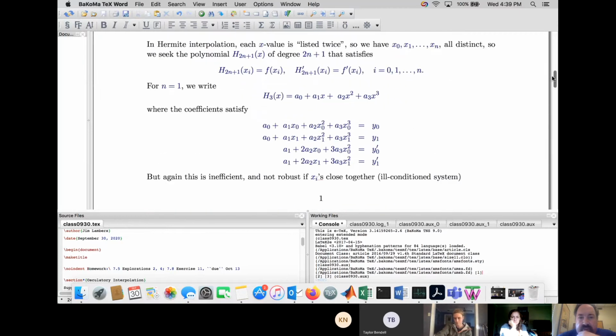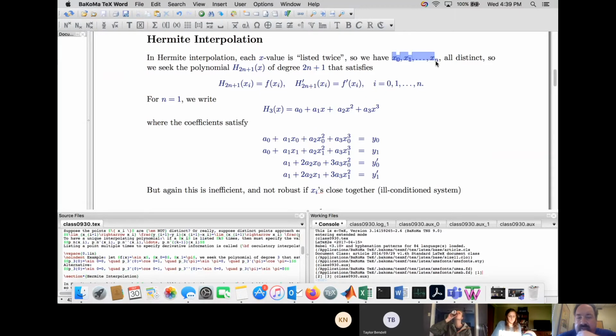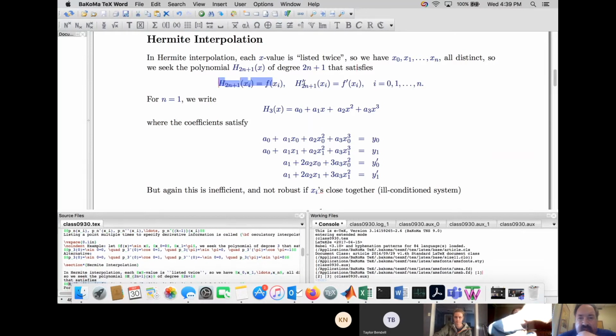Hermite interpolation: we have n+1 x values, and a polynomial of degree 2n+1 that matches a given function f at those x values, and also matches the derivative at those same x values. So n+1 points, twice that many constraints, 2n+2 constraints, so 2n+2 coefficients, therefore degree 2n+1.